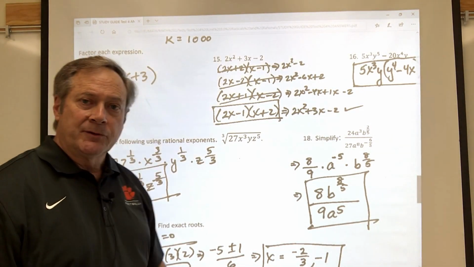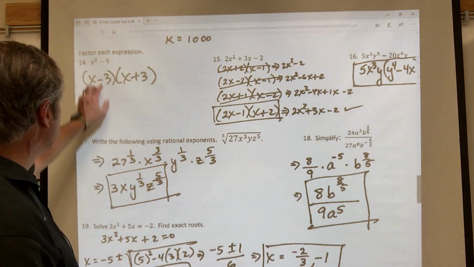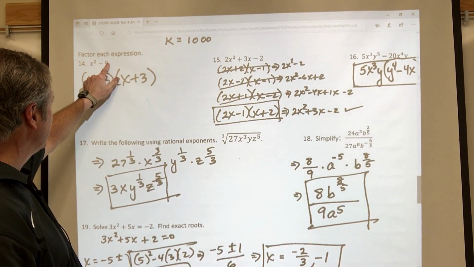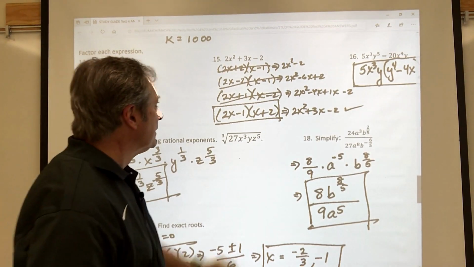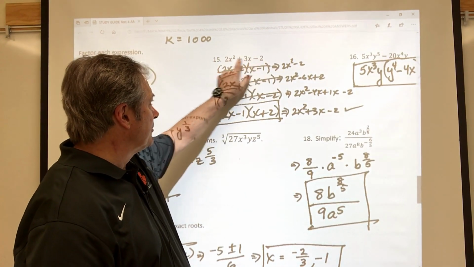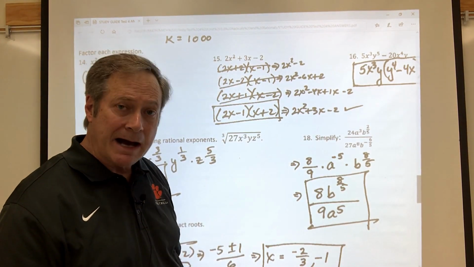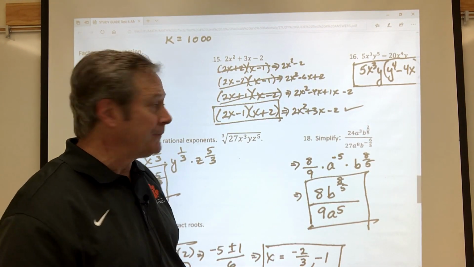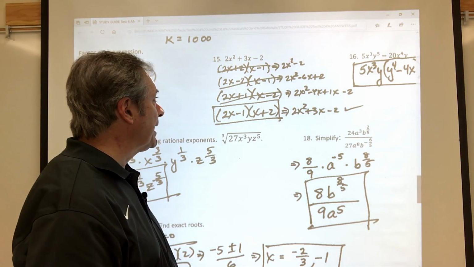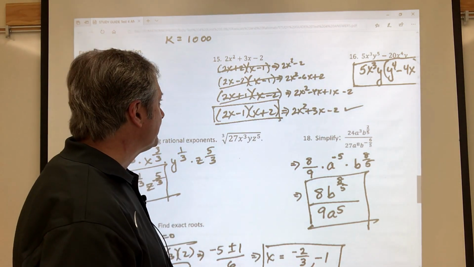Now, there will be a review of factoring on this test. Here we have a difference of 2 squares, x minus 3 times x plus 3. Here we have a trinomial with the leading coefficient is not 1. It's not a GCF, so we have to use trial and error.